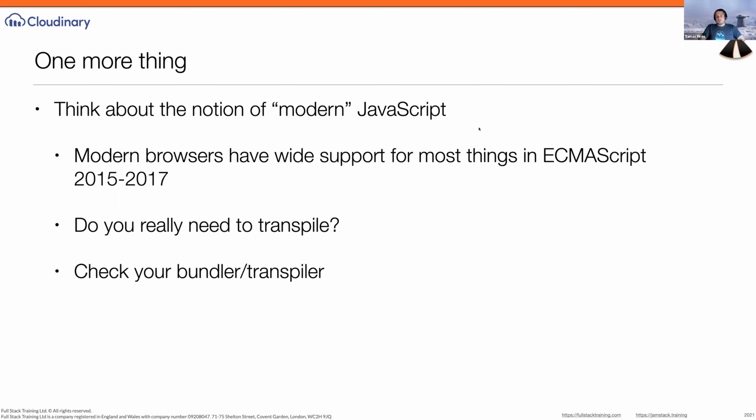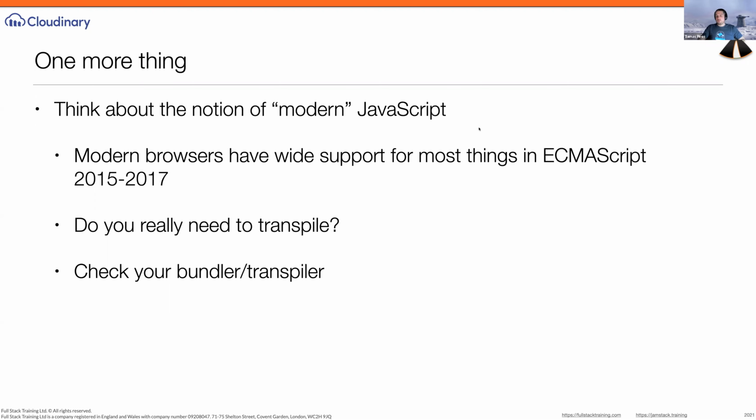Believe it or not, and there are lots of statistics about this, about 95% of the browsers being used today fully support what we deem modern JavaScript. So all the arrow syntax, all the const, all this ES 2015, 16, and 17 syntax is supported by all the browsers. So one thing to ask yourself is, do you really need to transpile your JavaScript code?